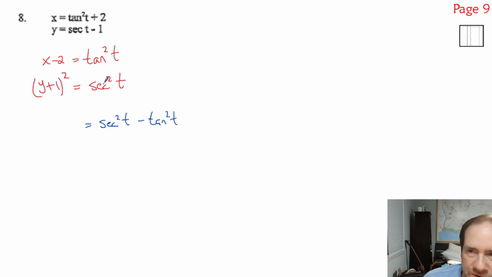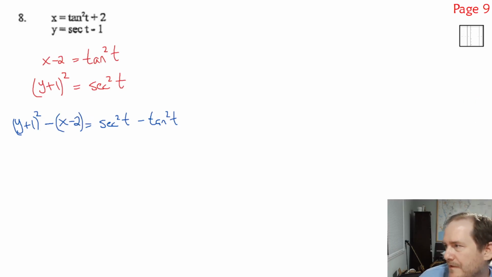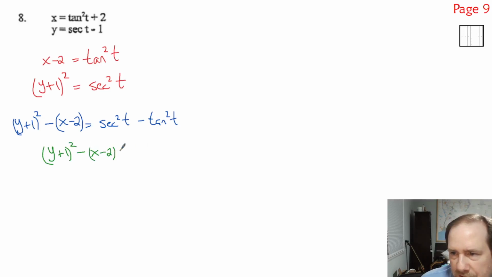And since I have to subtract them in that order, it means I have to subtract them where the y plus 1 squared comes first, minus x minus 2, in parentheses. All right, so that means I've got this equation where a y plus 1 is getting squared. I'm subtracting an x minus 2 from it, and that whole thing equals 1.